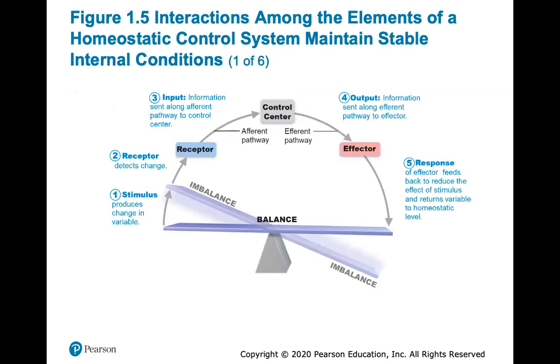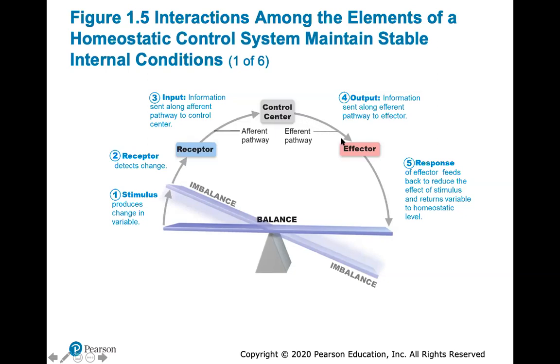We kind of have an increase or an imbalance. So here's a stimulus producing a change in a variable that produces an imbalance, and that imbalance is detected by a receptor. The input is the information sent along what we call the afferent pathway to the control center, to the brain or a gland.